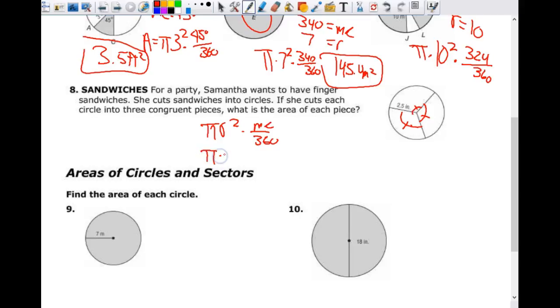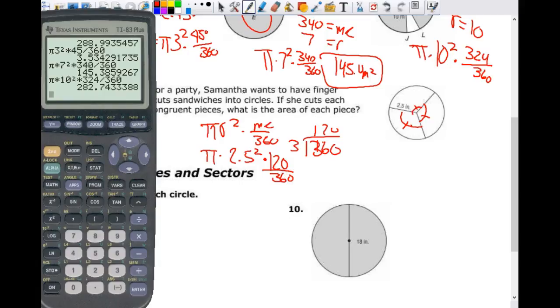Pi times 2.5 squared times, how much is each one of these? It would be 360 divided evenly between how many sandwiches? 3. You get 120 over 360. I wrote this a little bit weird. Plug into your formula.